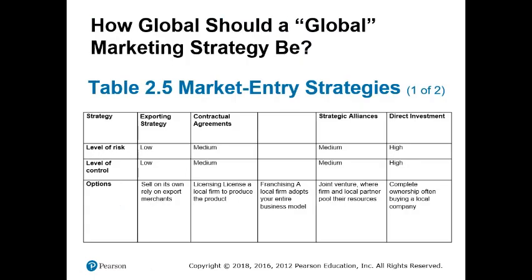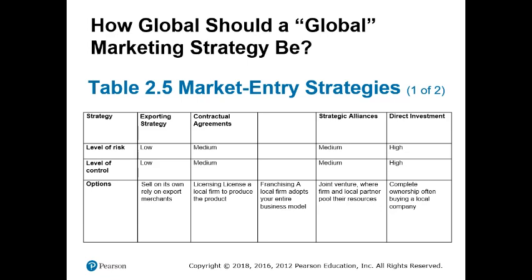And now let's go to the next part, which is what strategy to implement in terms of market entry strategies. You have table 2.5 in your textbook. And here in this table, what we see is on the left hand side, low level of risk strategy, low level of control strategy, such as exporting.